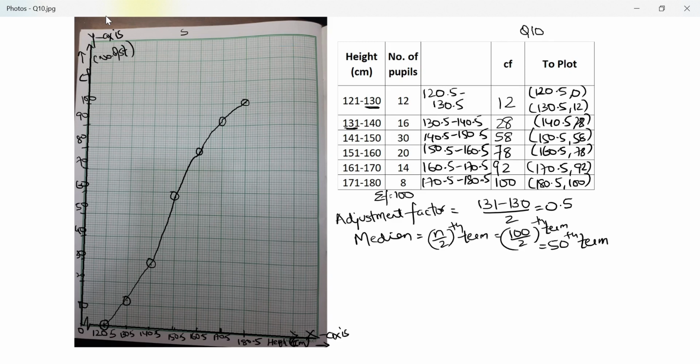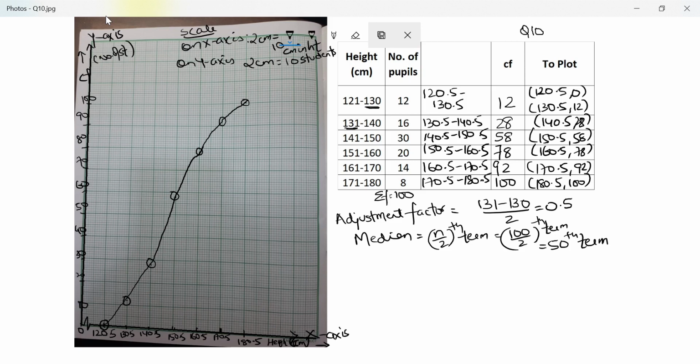Let's write the scale. Scale is on x-axis 2 centimeter is equal to 10 units, and this is 10 centimeter in height. On y-axis, I have 2 centimeter is equal to 10 students. Perfect.